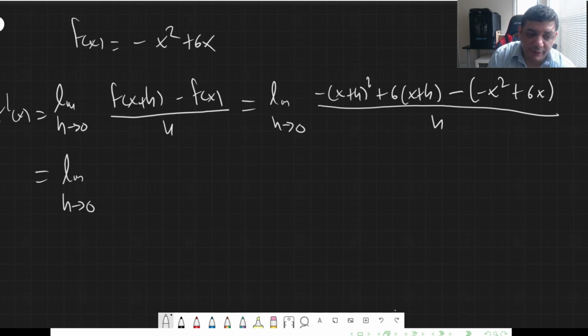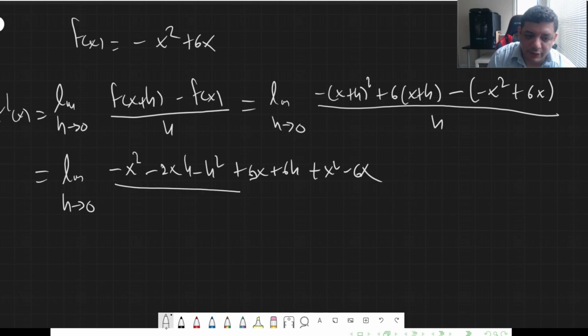Now we break up this binomial, and we're going to have minus x squared minus 2xh minus h squared plus 6x plus 6h plus x squared minus 6x over h. Again, we cancel similar terms: we have 6x here and 6x here, and x squared here.